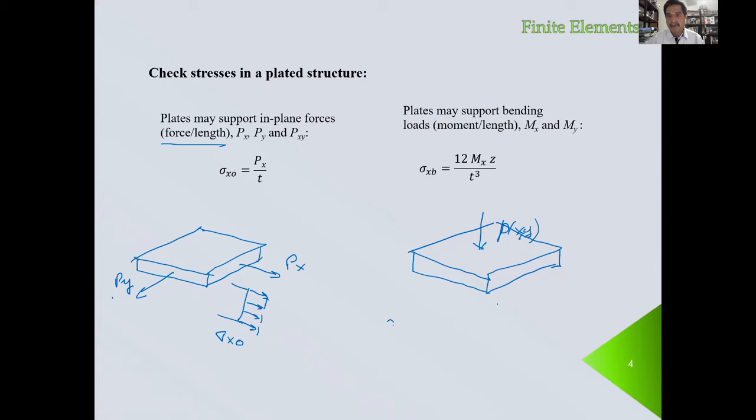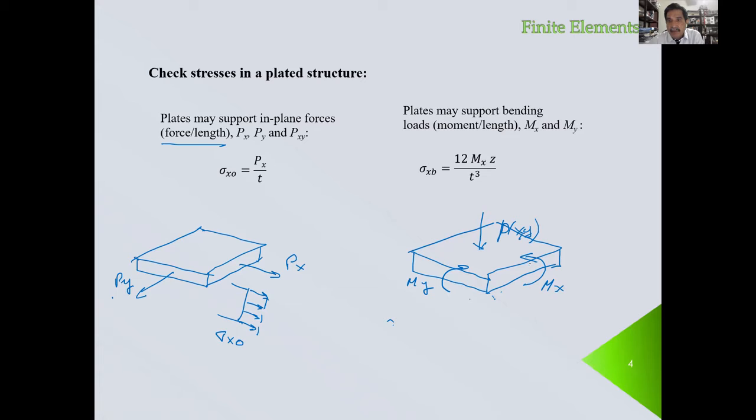In this case, of course, if we make a cut and analyze here, we're going to have a bending moment. Here we also have another bending moment in the other direction. We have to be careful because the directions are very important in this case.